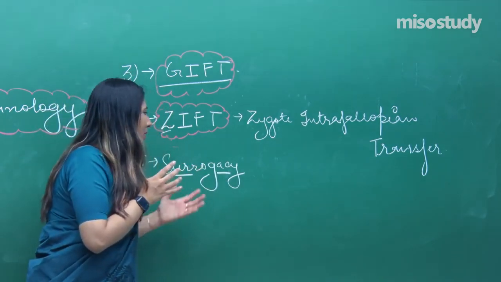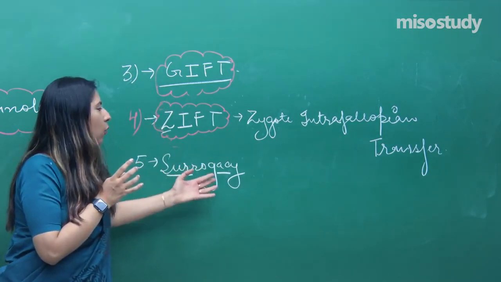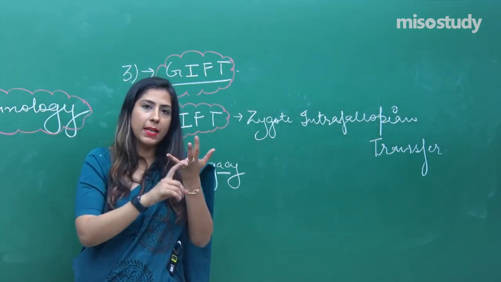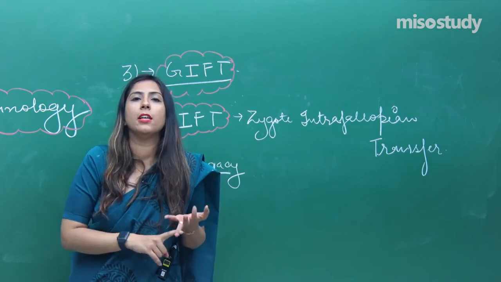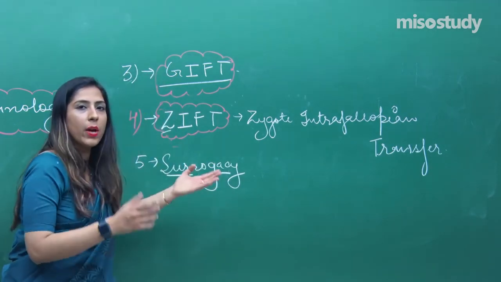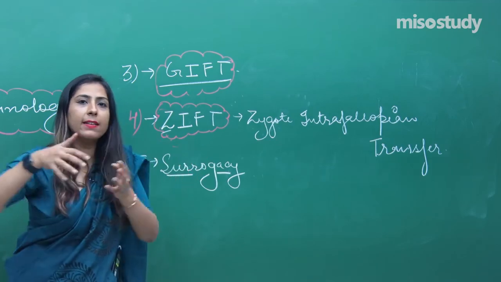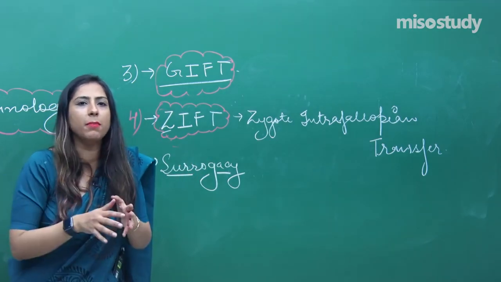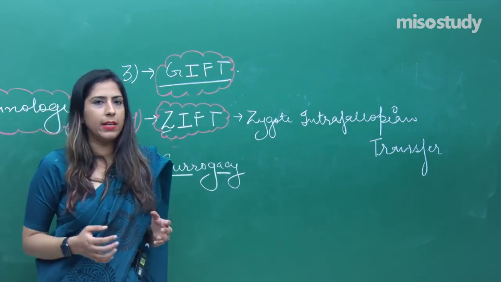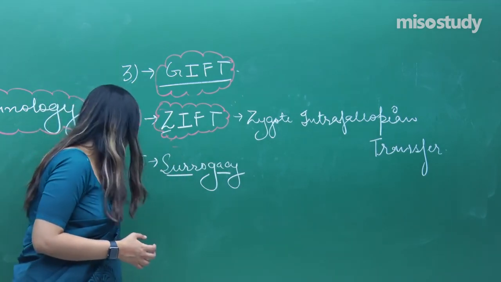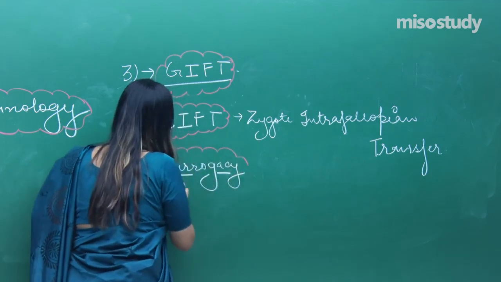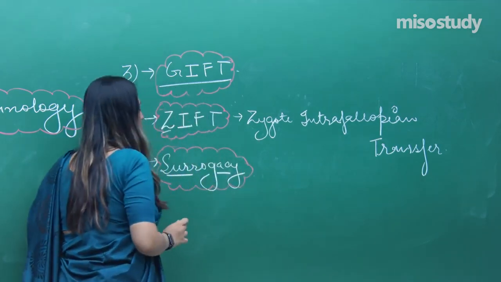According to our law, a patient or a couple can go for surrogacy only when the female is infertile, or in some cases when the female is unable to carry that baby for 9 months. In those cases, the couple can go for surrogacy, where they look for a female who can carry their zygote or their baby for 9 months, and later on when she gives birth, they take that baby from that particular lady.